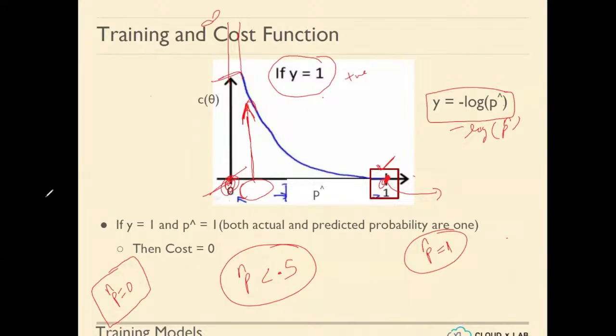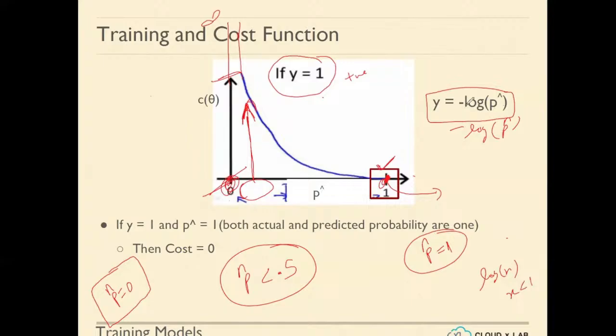Why is there a negative? Yes, the negative we have taken because, since we are taking the p value in the log function, log x is negative when x is less than 1.